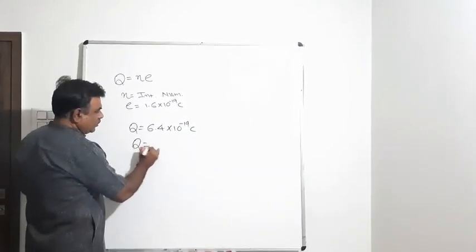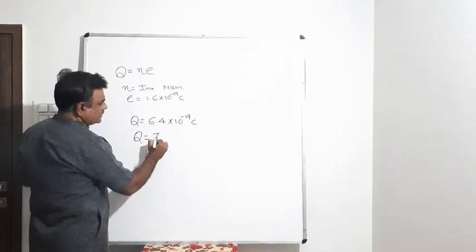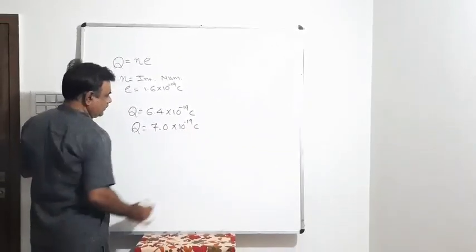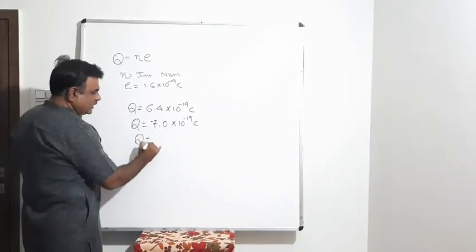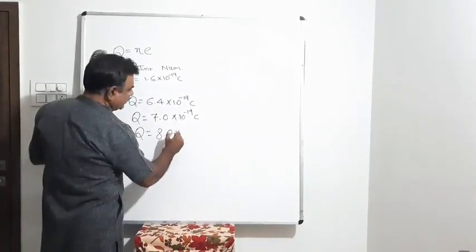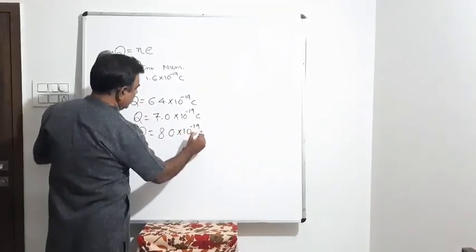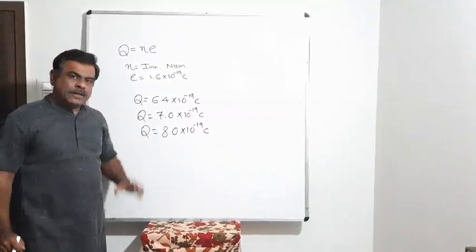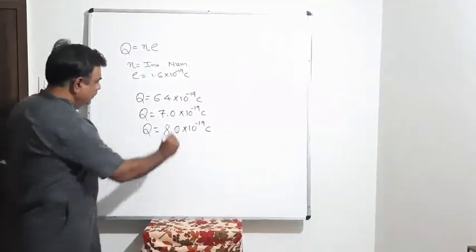Q is equal to 7.0 × 10^-19 coulomb. Q is equal to 8.0 × 10^-19 coulomb. Three values of charge I have given. Now see which is valid.